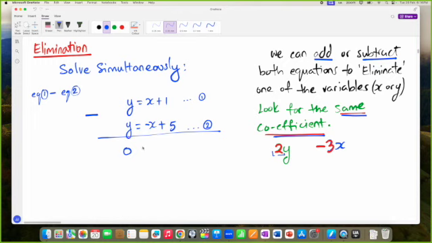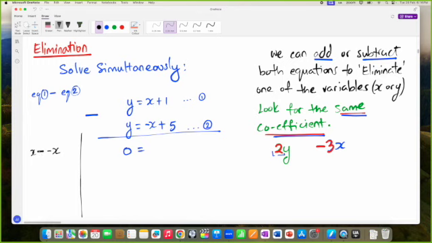But you have to be real careful. I'm going to use my working column here. y minus y is 0. You have to be careful because now I have x, then this minus sign, and then a minus x. You see that? Plenty of people would go x minus x and mess that up. You have to be real careful with the signs. So you have x, the big minus sign, then minus x.